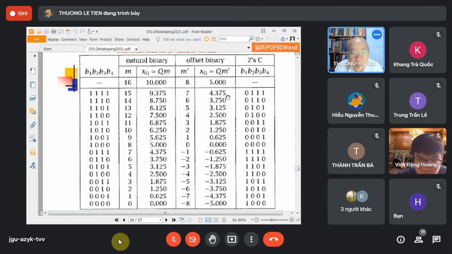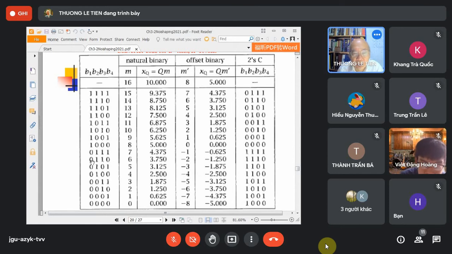Negative value. Okay. So, for example, if we want to convert minus 1.25, we look at this one, minus 1.25. Go to the left-hand side. That is the offset binary code of minus 1.25.